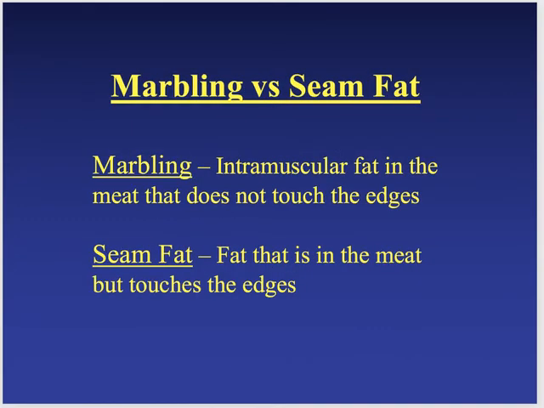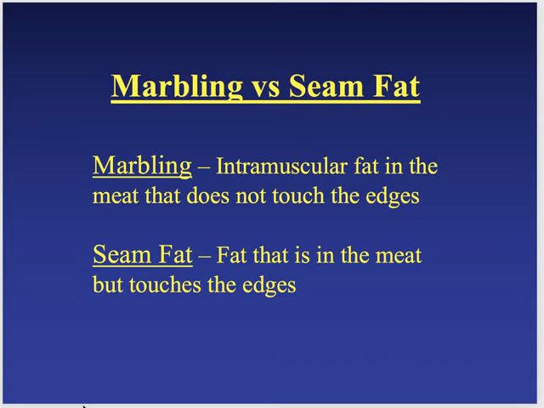But when we talk about marbling, that'll be the first big thing we try to discuss: marbling versus seam fat. Marbling is the intramuscular fat in the meat that does not touch the edges. And we'll see a picture coming up of what the difference is. Seam fat is basically the fat in the meat that touches the edges.